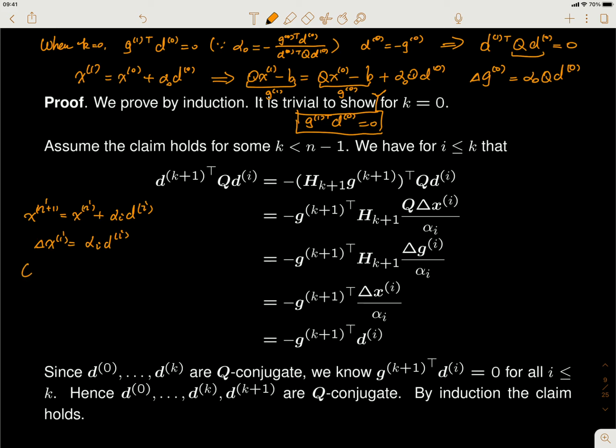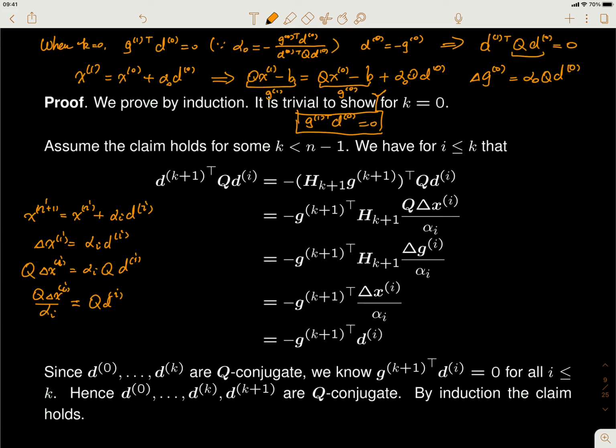And then I multiply Q on both sides, I will have this. Okay, and when I divide both sides by alpha I, I'll get this Q DI.